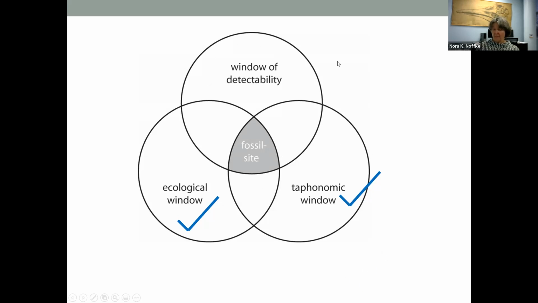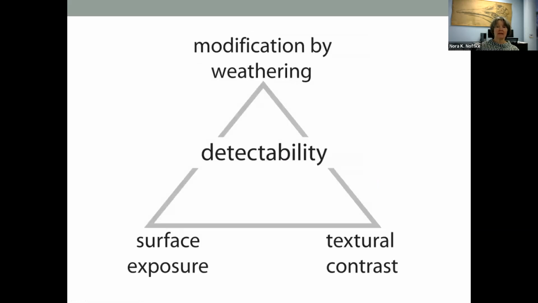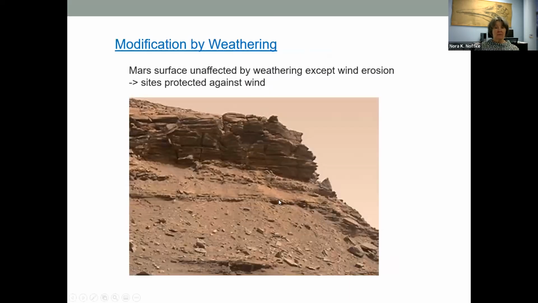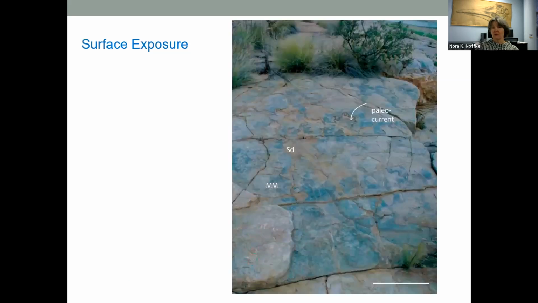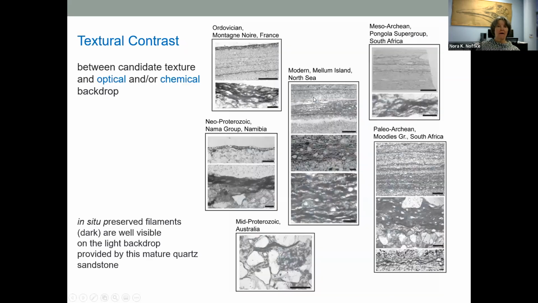Now we need to quickly mention the window of detectability. Detectability is defined by surface exposures, textural contrast, and modification by weathering. Clearly, if we go into the field, we don't need to look for sites where there's a lot of weathering and a lot of debris. We need to look for sites that have beautiful surfaces exposed that are not affected by any recent weathering at all, so fresh surfaces.